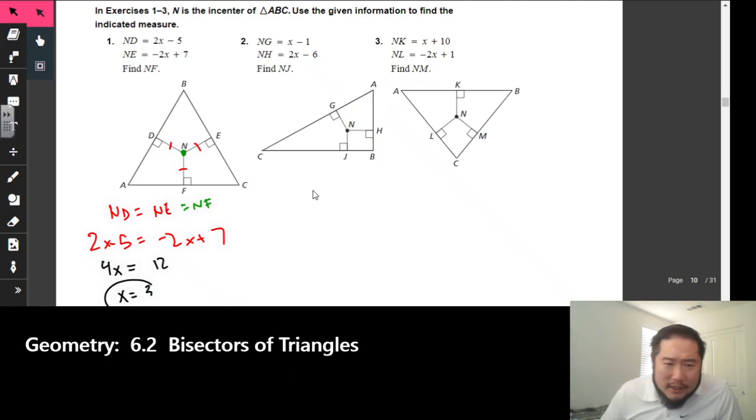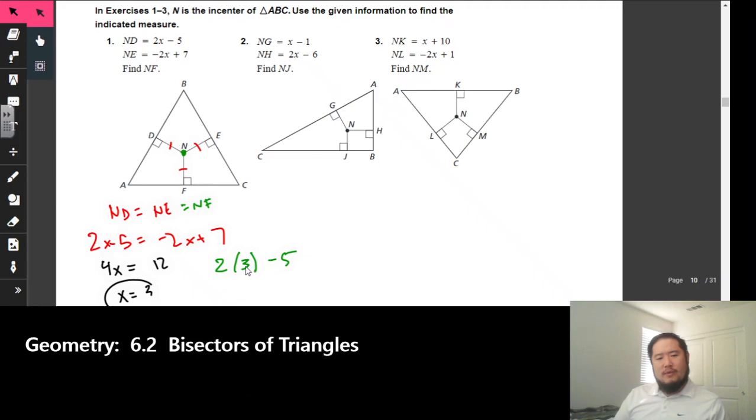If there's no mention of point N being the incenter, then I cannot make that assumption. So all I need to do is take 3 and plug it into one of these equations. How about we plug it into ND. So we got 2 times 3 minus 5. We've got 6 minus 5, and this right here equals 1.